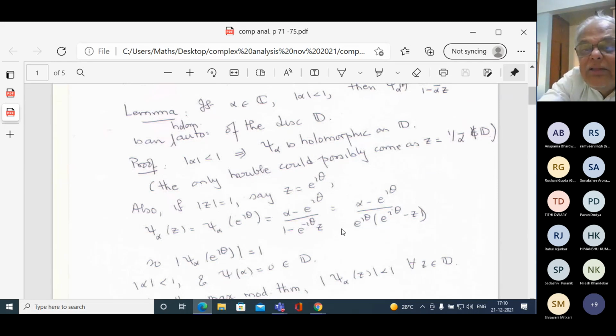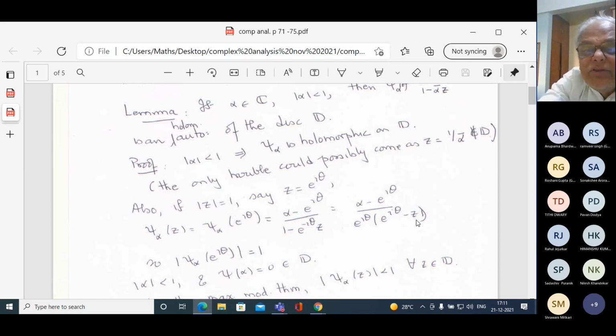Sorry, you're supposed to pull out e raised to minus i theta. So there's a misprint here. You pull out e to the minus i theta, so you get e to the i theta minus z here. And therefore this quantity has absolute value 1, this over its conjugate.